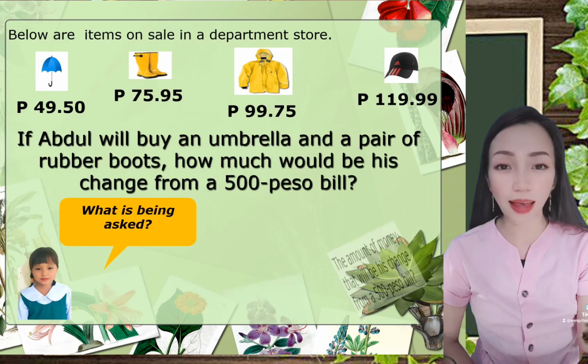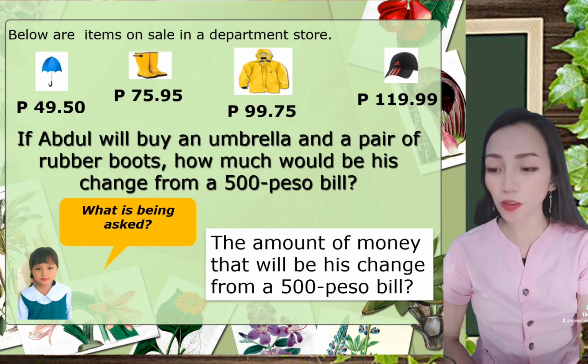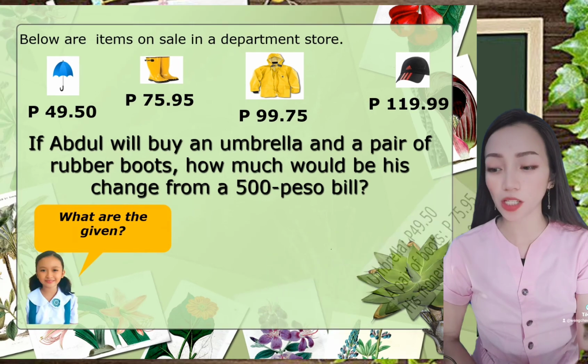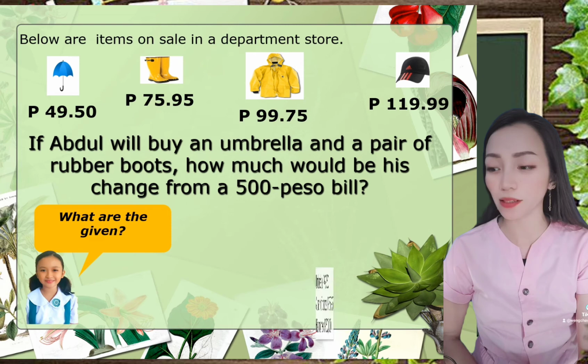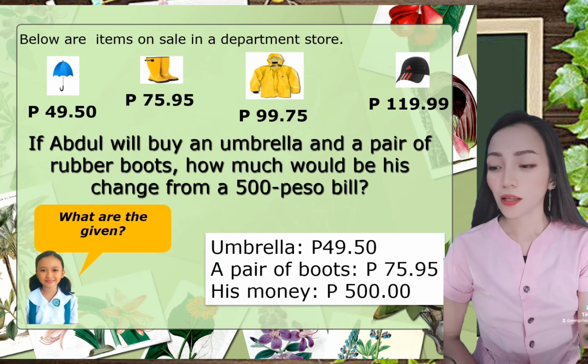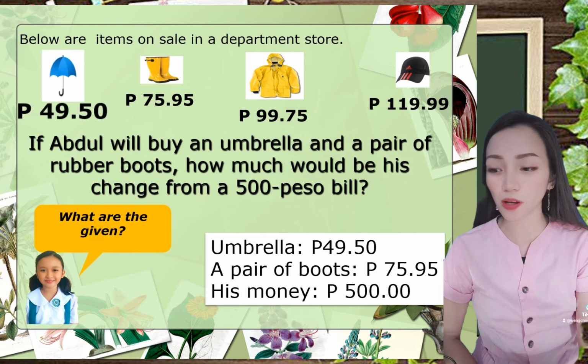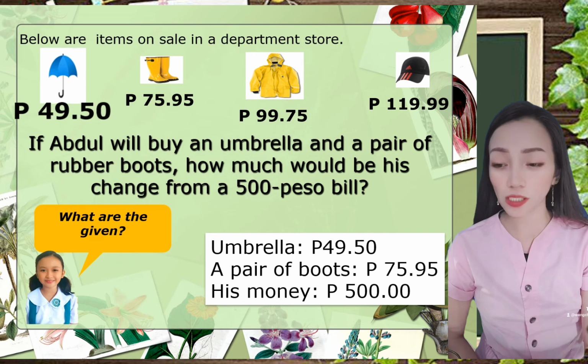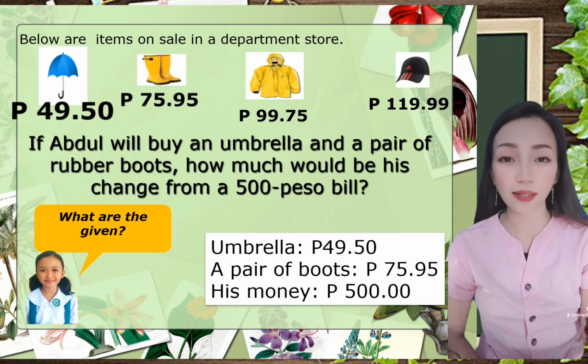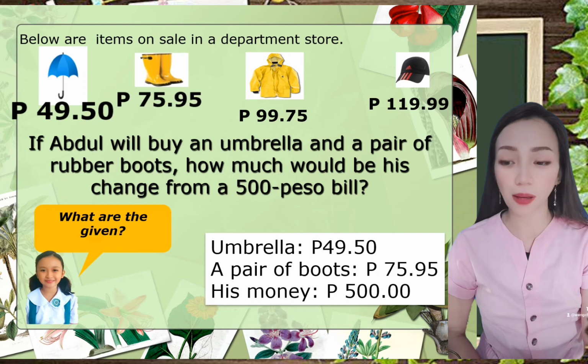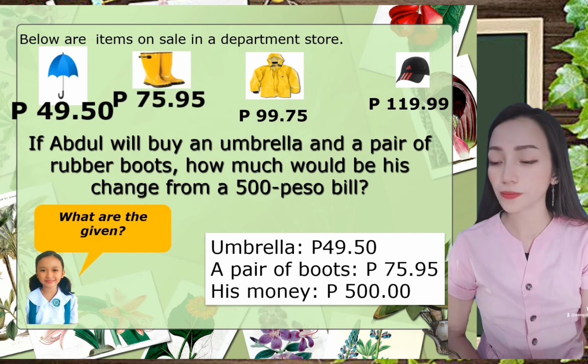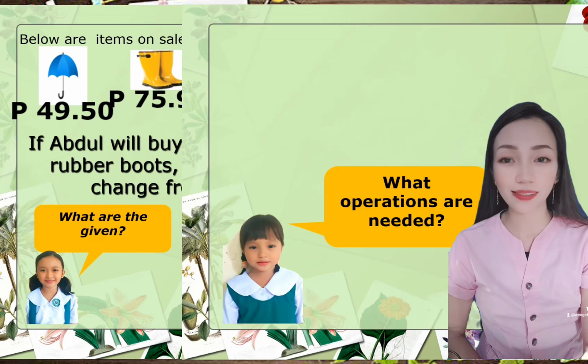What is being asked? The amount of money that will be his change from the 500 peso bill. What are the given? Umbrella, which is 49.50 pesos, a pair of boots, which is 75.95 pesos, and his money, which is 500 pesos. What operations are needed?